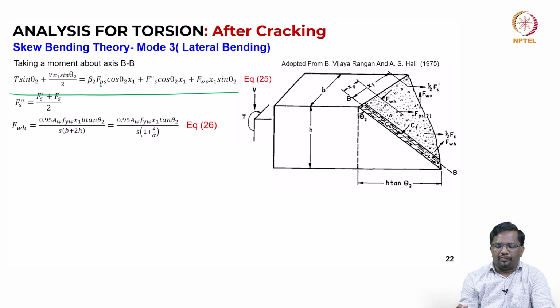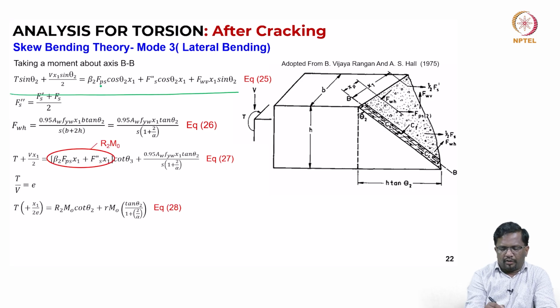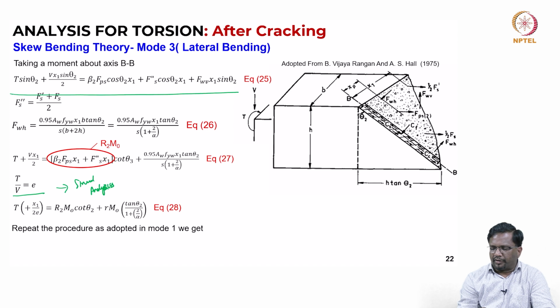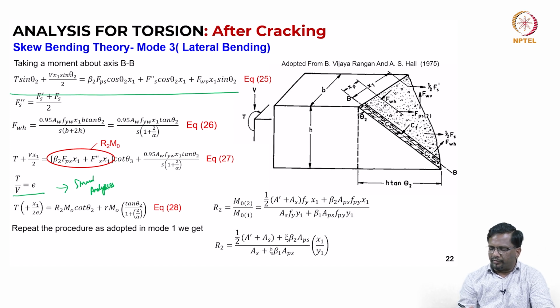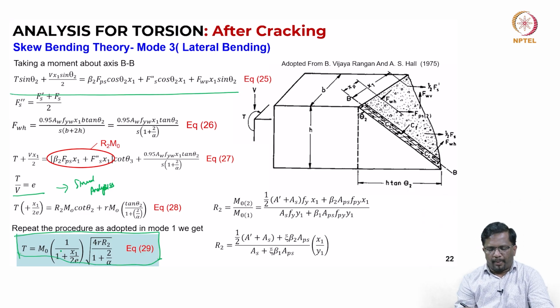If you simplify that further, you will find that the torsion to shear ratio here is defined as E. This comes from your structural analysis. Further, we can simplify that and find an expression for torsion in terms of M0 and alpha parameters and psi parameters like this.